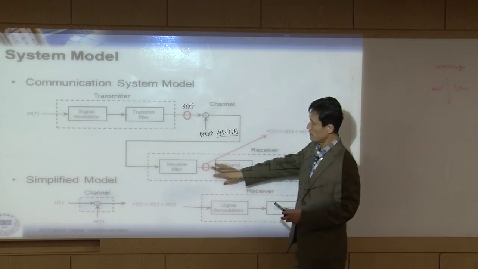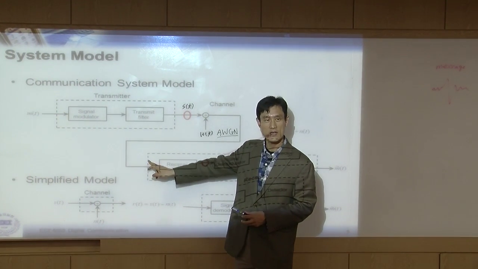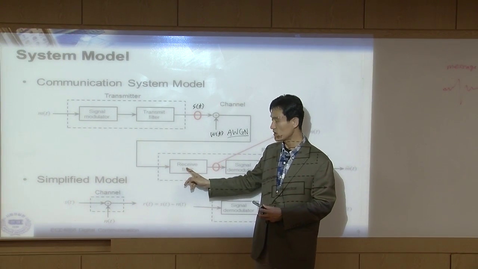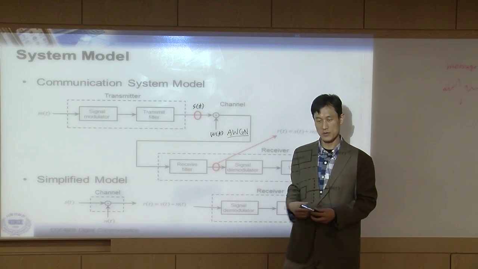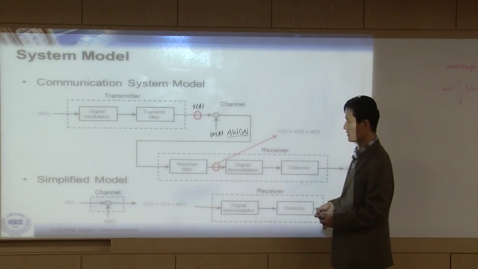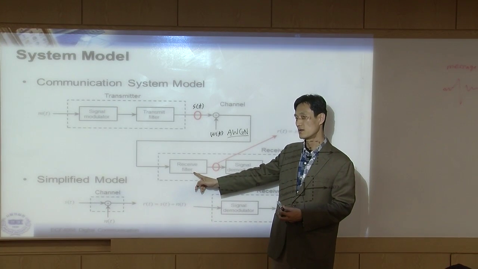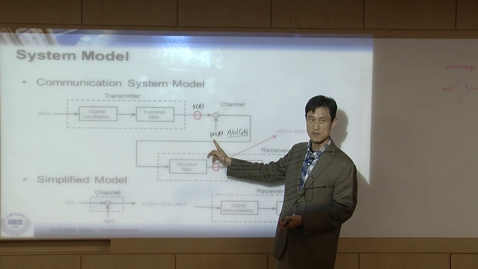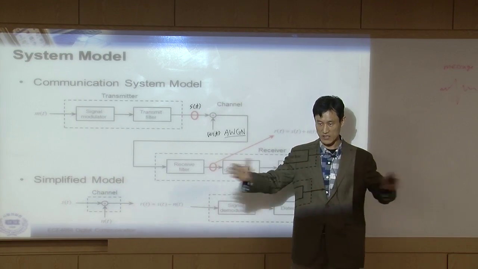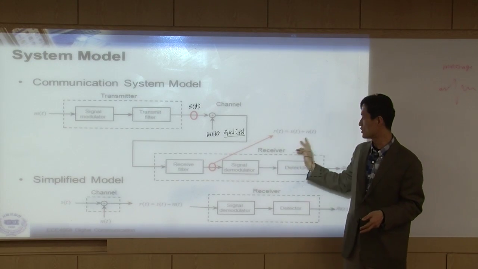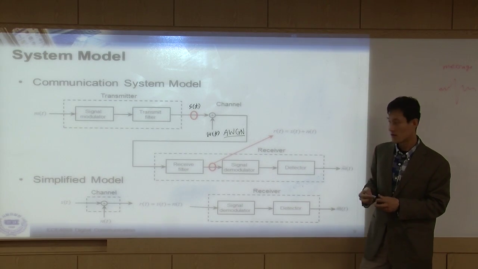In the receiver, we probably have an antenna here, right? The first thing happening at the receiver is the receive filter. This is what I called a bandpass filter last week, right? So through this bandpass filter, your noise, WT, is rejected somehow, and now WT is changed to NT. Remember?